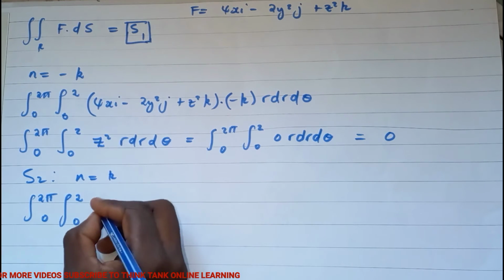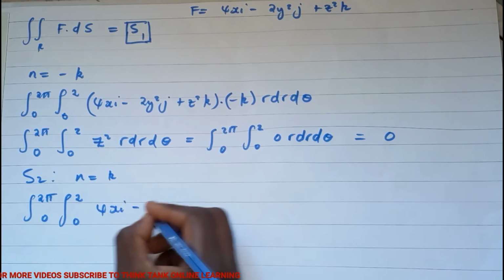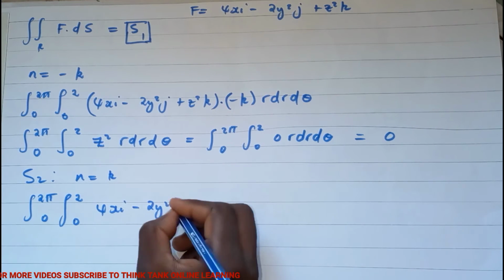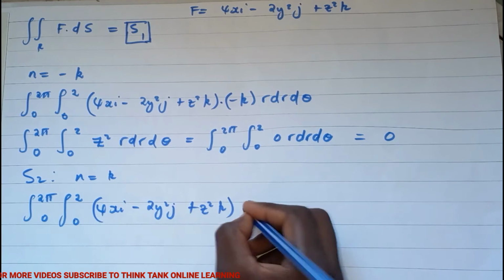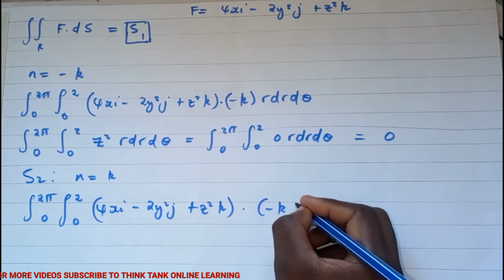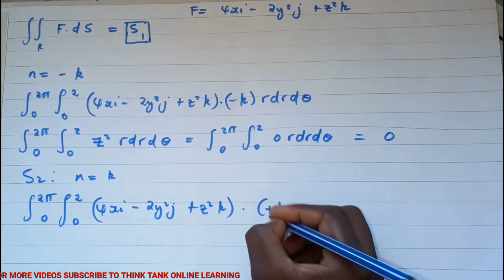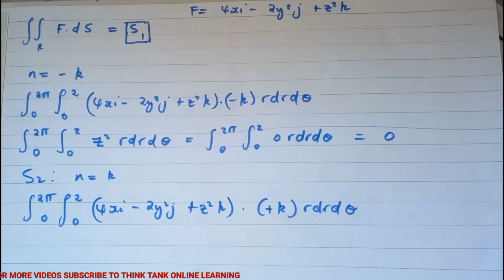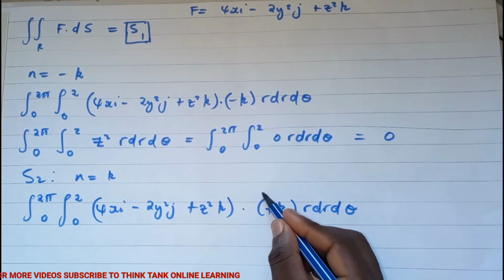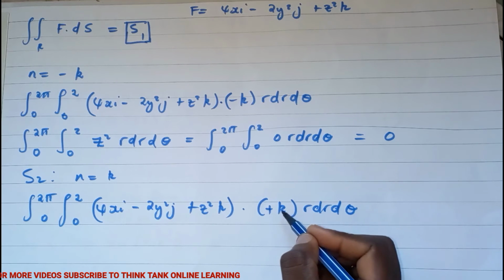I'm going to multiply this vector 4x i minus 2y squared j plus z squared k by, it's now positive k, r dr d theta. We said this is the same as saying 0i, 0j plus 1k.